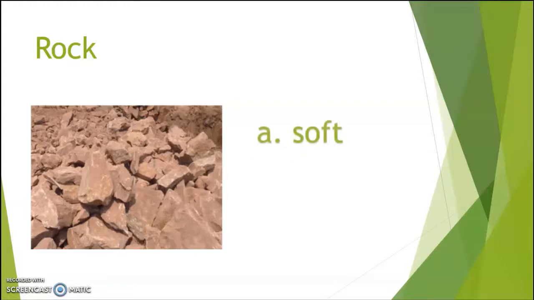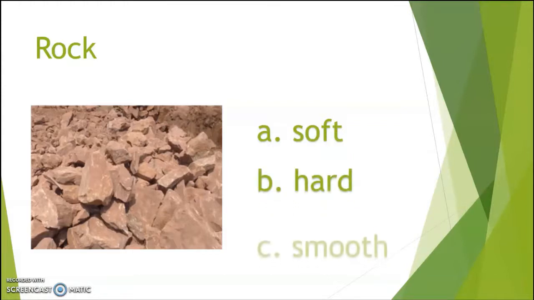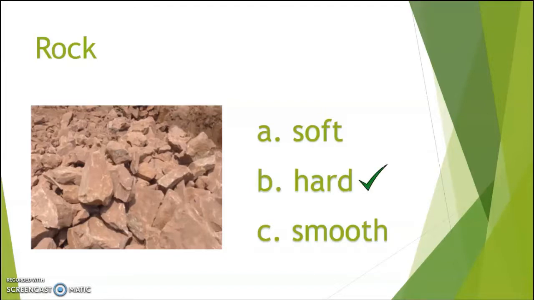Okay. Letter A, is it soft? Letter B, is it hard? Or letter C, is it smooth? What is your answer? Yes, very good. Letter B, it's hard. It's a hard one. Okay.